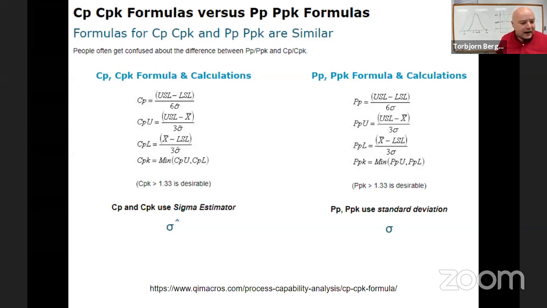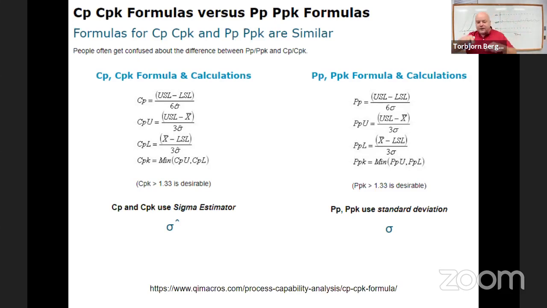They both include that. You can see if you calculate the CP or the PP, you divide by 6 sigma. The sigma is the standard deviation, so it's plus or minus 3, typically, when we say 6 sigma. In CP, it's 6 sigma with a little hat above the sigma. And in PP, it's 6 sigma where the sigma is calculated from the data.